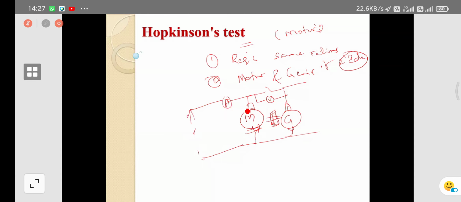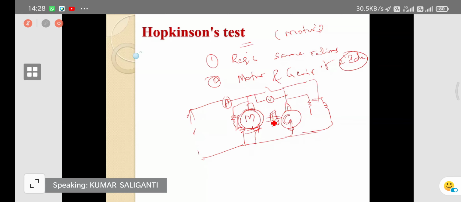This is the ammeter. Here I am connecting one rheostat, with the field winding, and here also one rheostat with a field winding. Of these two machines, one is acting as a motor and one as a generator. Both machines are mechanically coupled and electrically connected in parallel.